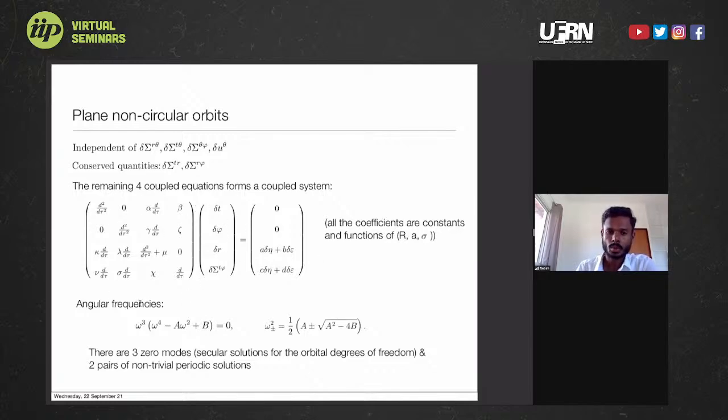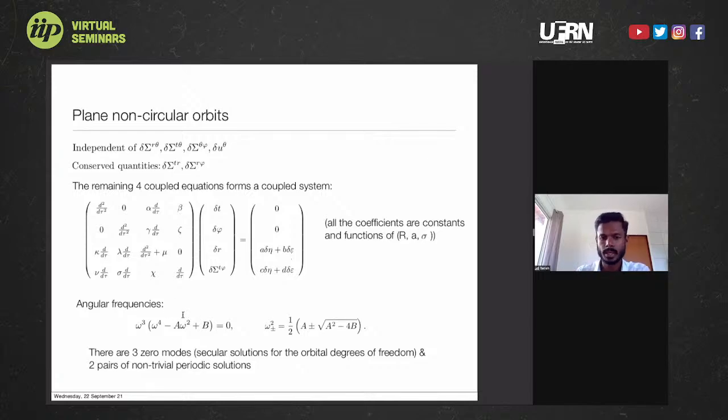By solving this homogeneous part, we quickly see that there are 3 zero modes, which are secular solutions for the orbital degrees of freedom. And there are 2 pairs of non-trivial periodic solutions, omega plus and minus squared. We can get rid of these 3 zero modes because we are looking at a special orbit which has the same energy and same angular momentum as that of the reference circular orbit.